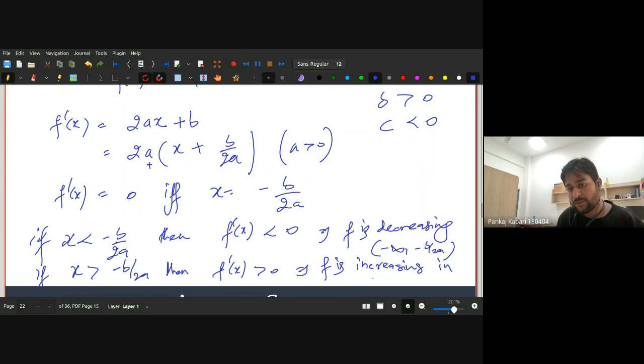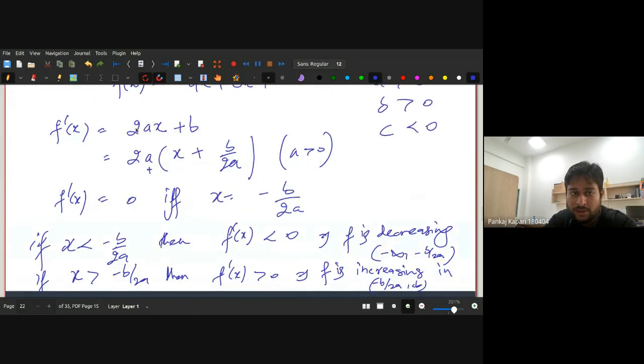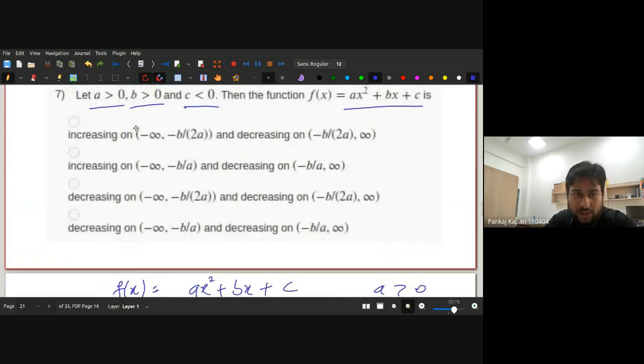Interval, the remaining minus b over 2a up to infinity. Okay, so which options are correct?